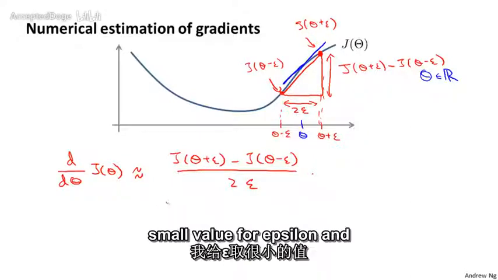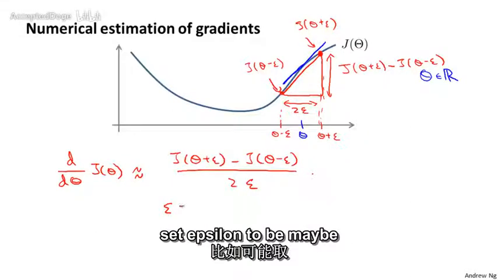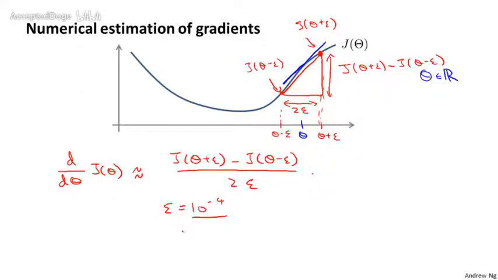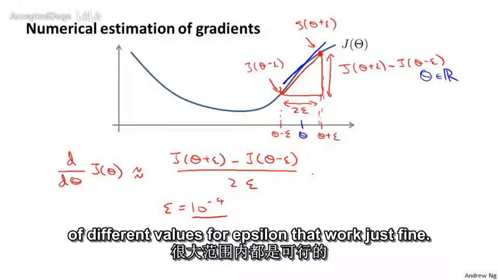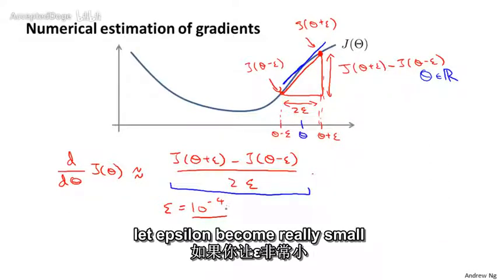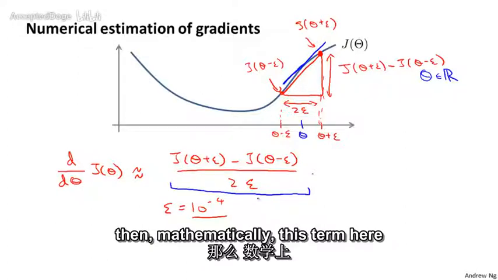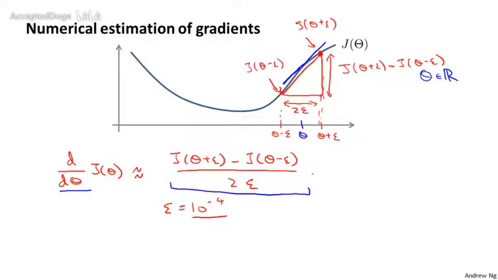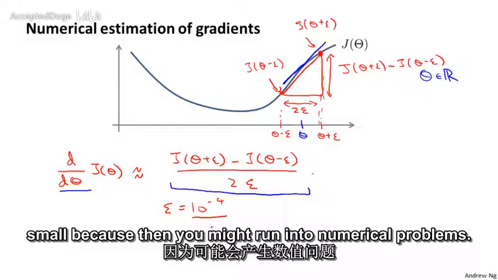Usually I'll use a pretty small value for epsilon, maybe on the order of 10 to the minus 4. There's usually a large range of different values for epsilon that work just fine, and in fact if you let epsilon become really small, then mathematically this term becomes exactly the slope of the function at this point. It's just that we don't want to use epsilon that's too small, because then you might run into numerical problems.